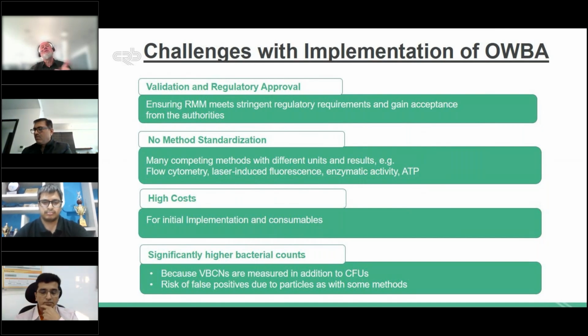And there are also consumables, especially, for example, in flow cytometry, you need some colored solutions to color the bacteria before you count them. And there are also running costs, but finally, I think, the bottom line is we can save a lot of money when we get rid of the laboratory methods.